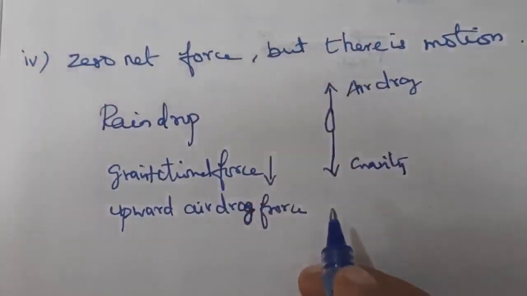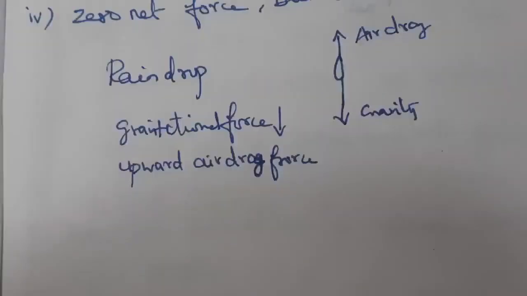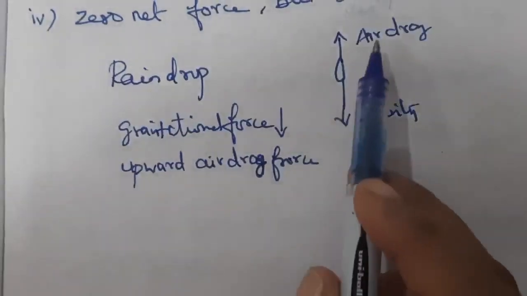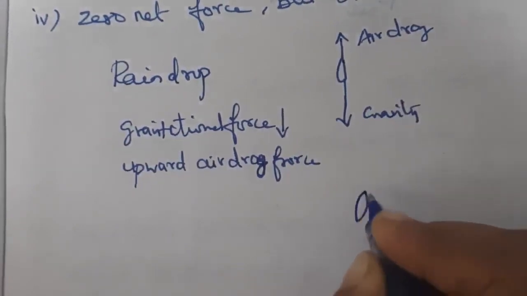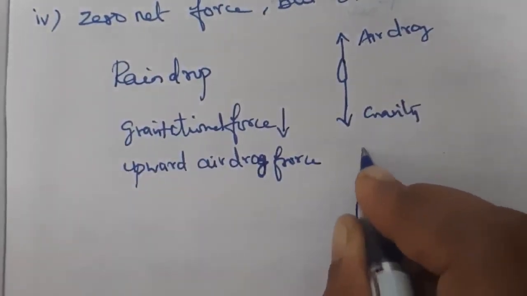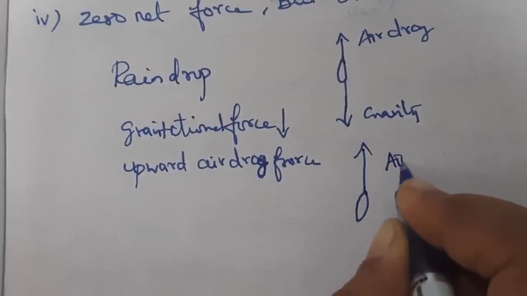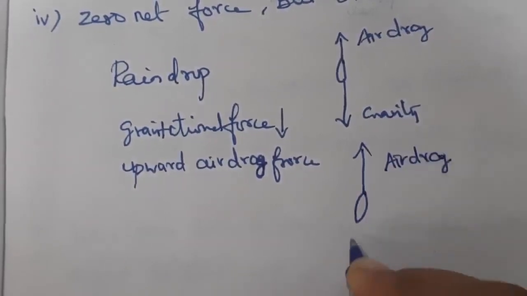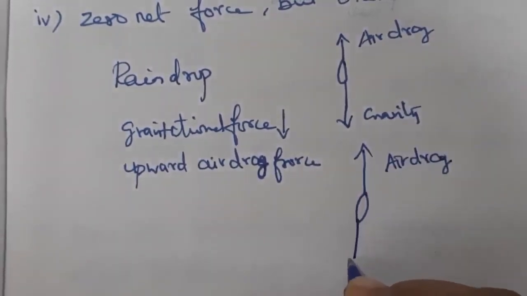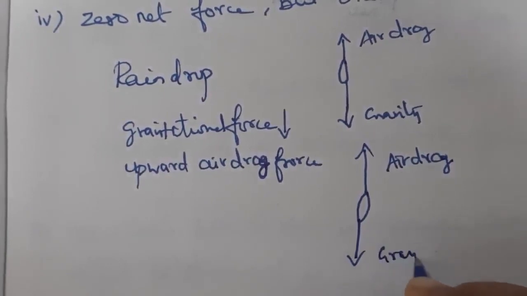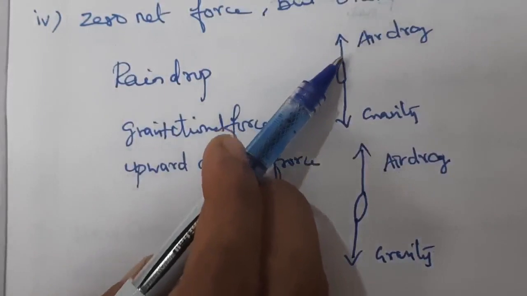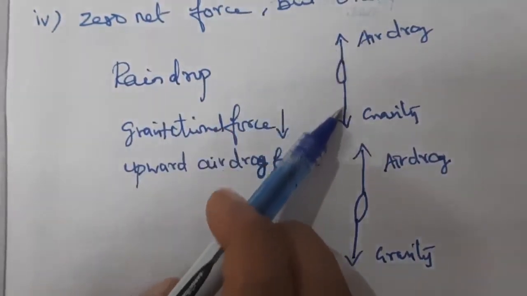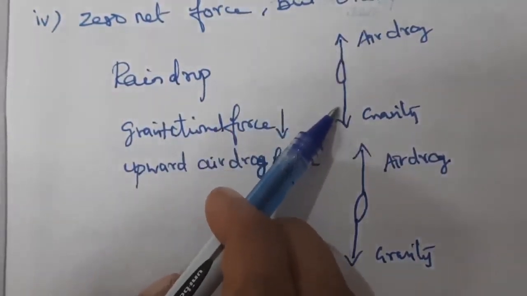When it descends slowly, the upward air drag force increases. So this is the raindrop and the upward air drag force increases and cancels with the gravity. Here I have drawn a small length arrow. Here it is big magnitude.